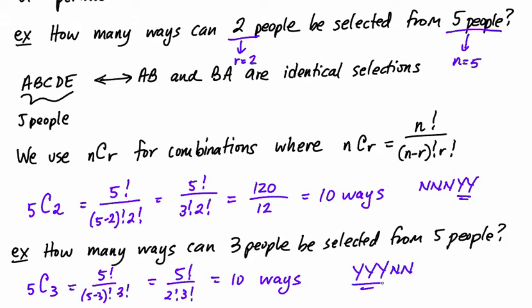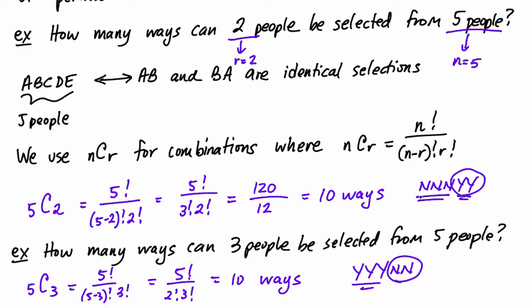Choosing 2 people to be in your group is the same as choosing 3 people not to be in your group. There's some symmetry here. As soon as you say these 2 people are in, you're choosing the 3 people who aren't in. And likewise, if you choose 3 people who aren't in, you're selecting 2 people who are in.